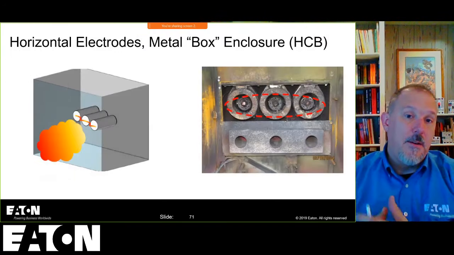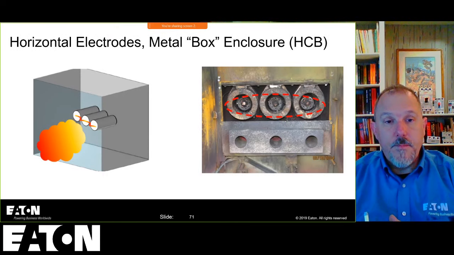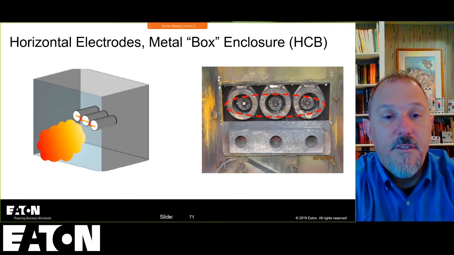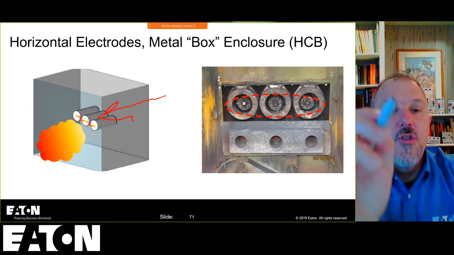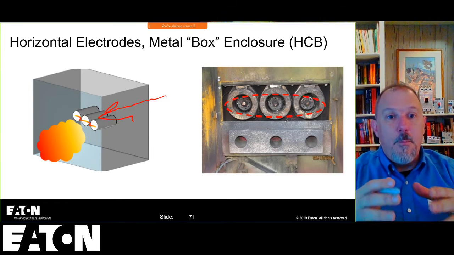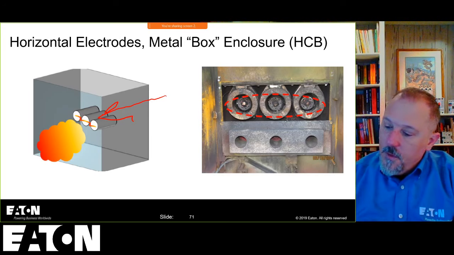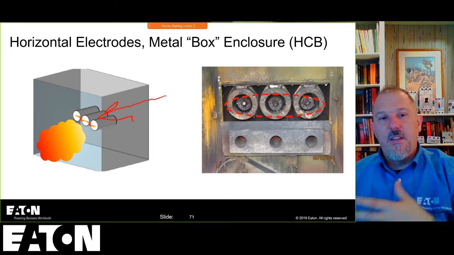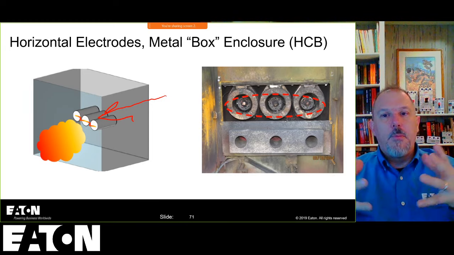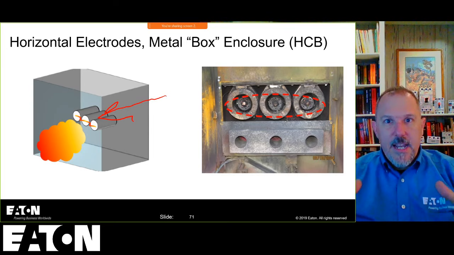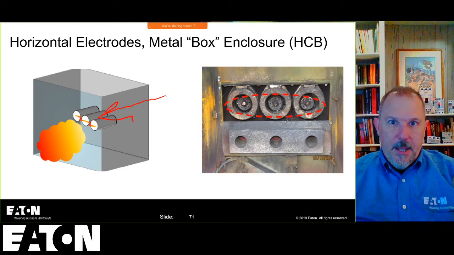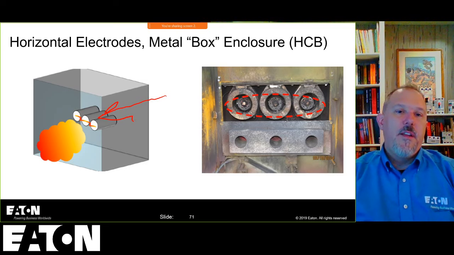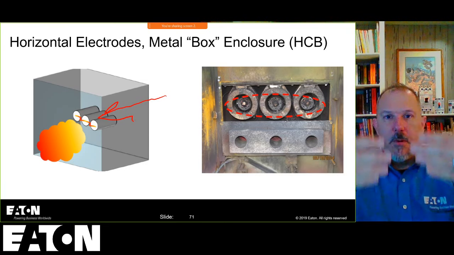Now, the worst case scenario is what they call a horizontal bus. In this case, you're looking at the bus, and remember, the arc flows from the source towards the arc along that bus, and that is now pointed right at the electrical worker. I had a discussion with a gentleman earlier this morning about, from an electrical worker's perspective, what do you need to understand? I think the basic principle is, if you're looking at a vertical bus, like in a panel board where things are going up and down, the arc is going to flow in a vertical manner, which is perpendicular to your body.